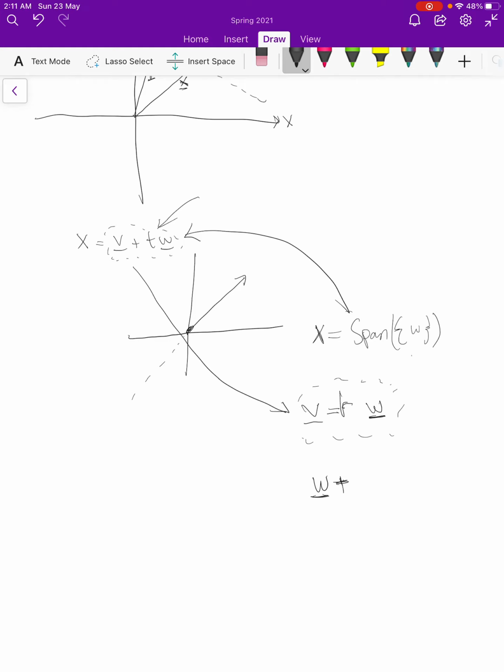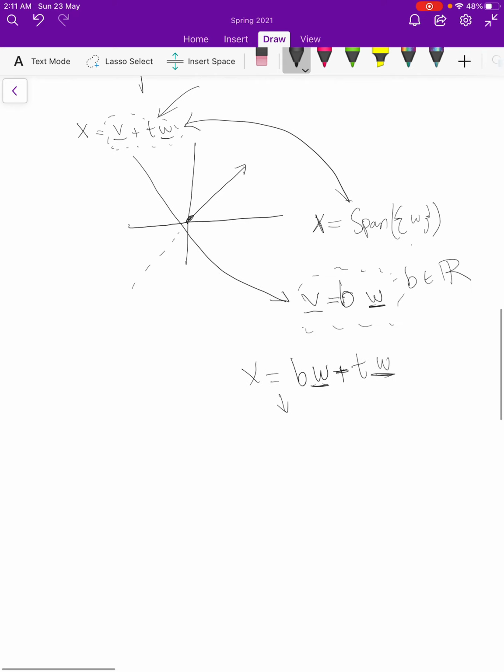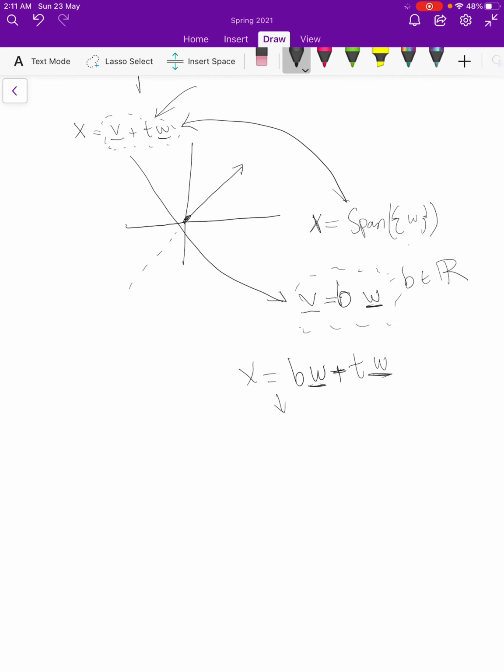Let's say it's b. I don't think we've used b yet, and b is in the real numbers since it's a scalar multiple, so b w plus t w. Well, in this case, we can put w on the outside, factor it out.